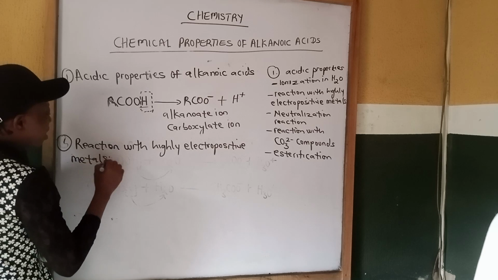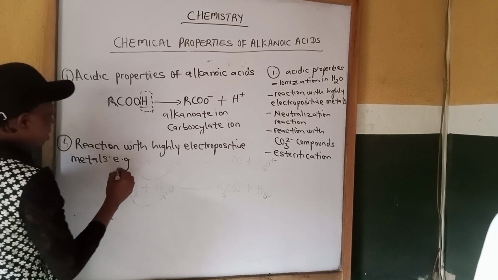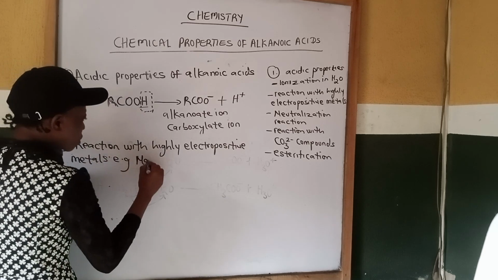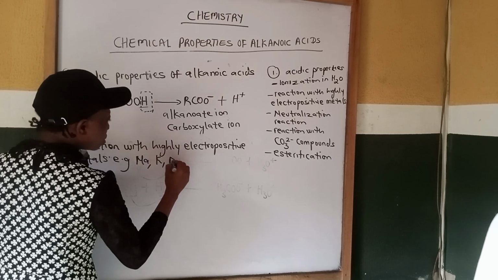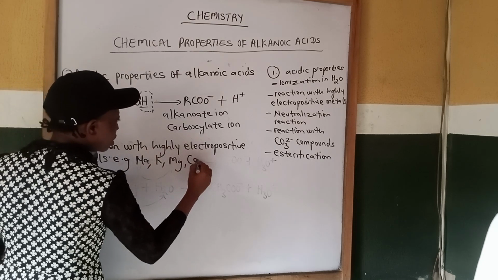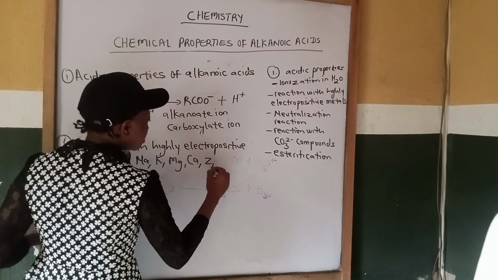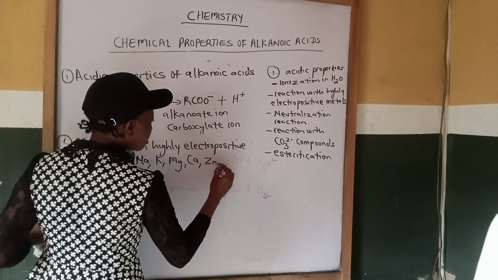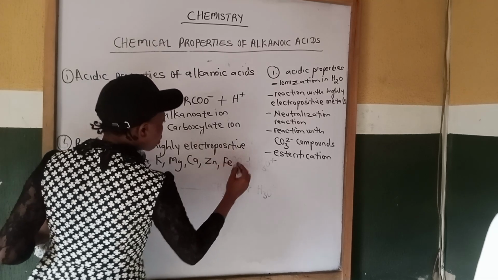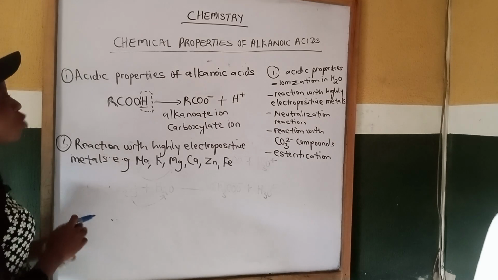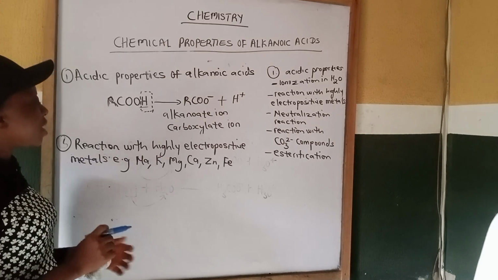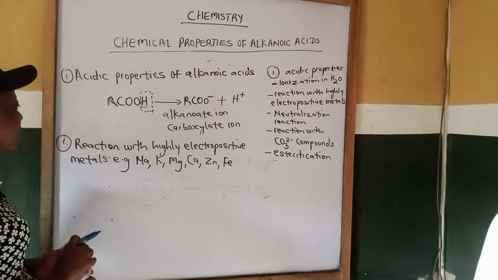So what are those highly electropositive metals? They are sodium, potassium, magnesium, calcium, zinc, then iron. So all these can react with alkanoic acid.